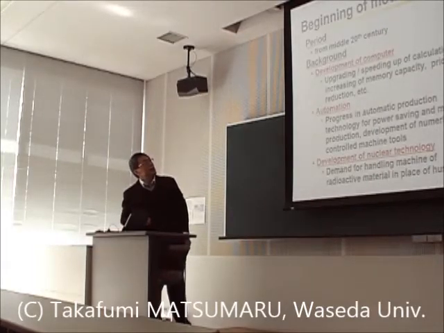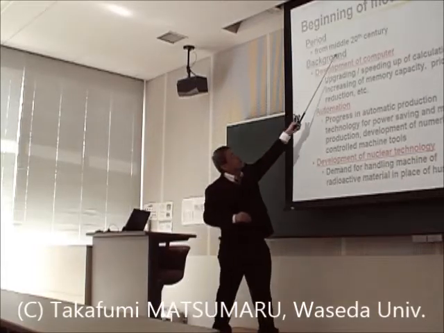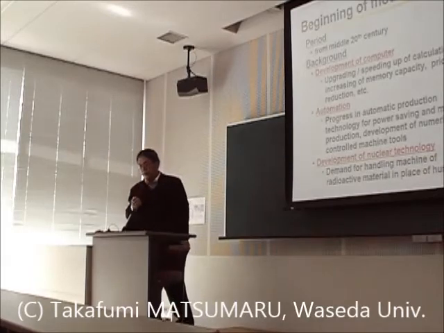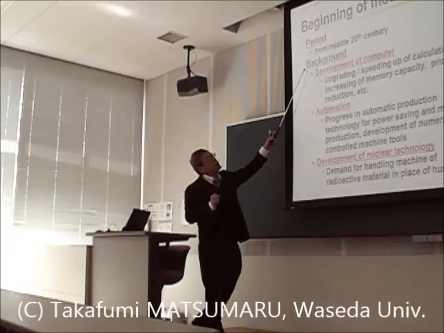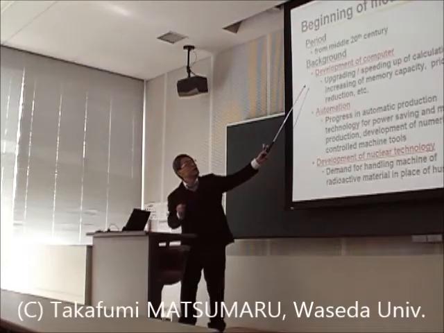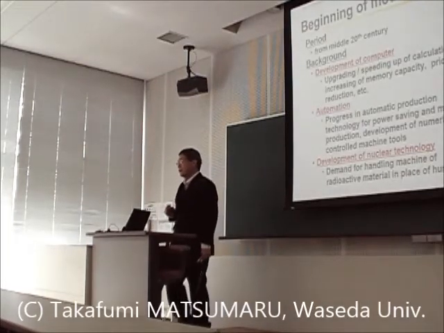The beginning of a modern robot is about the middle 20th century, because after the World War II, the robot is become widely used. What is the background? Three important points is there. One is computer technology development.